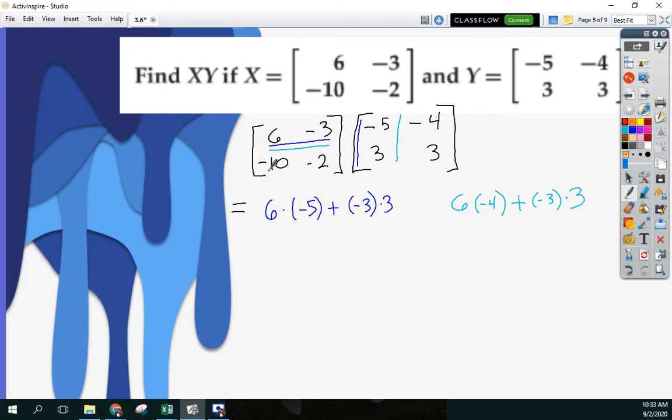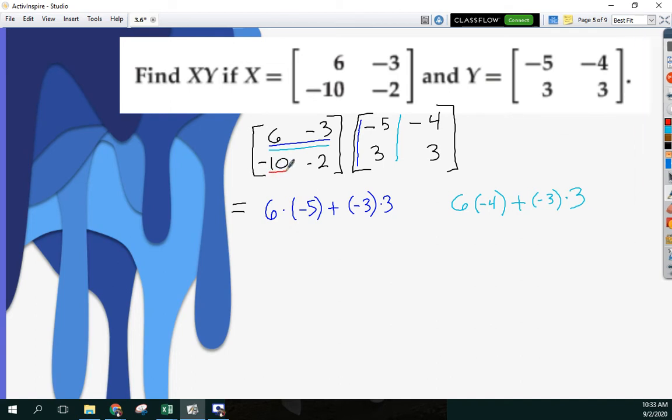Then moving on to our second row, we're looking at negative 10 and negative 2, sorry, and we're repeating that process. So my second row, first column, is going to go in my second row, first column entry of my new matrix. So I'm going to have negative 10 times negative 5 plus negative 2 times 3.